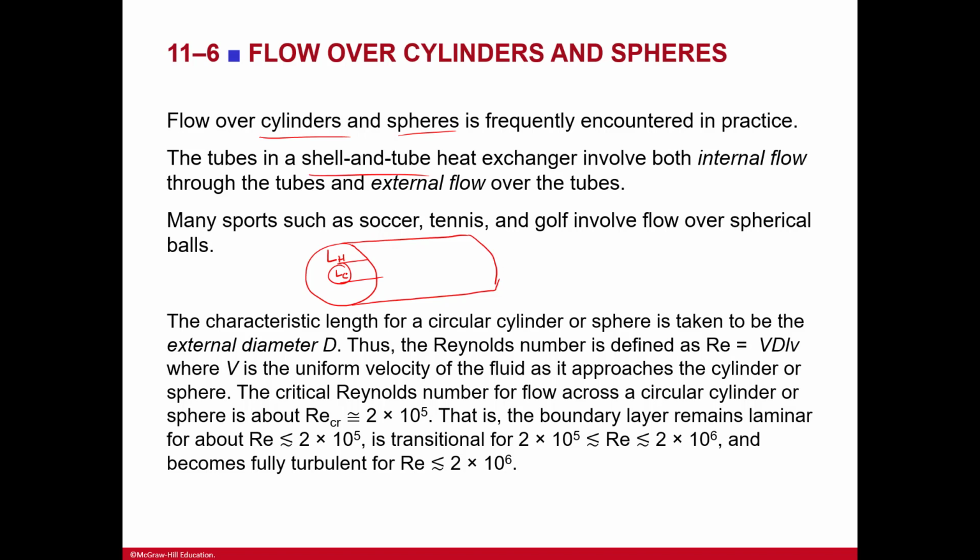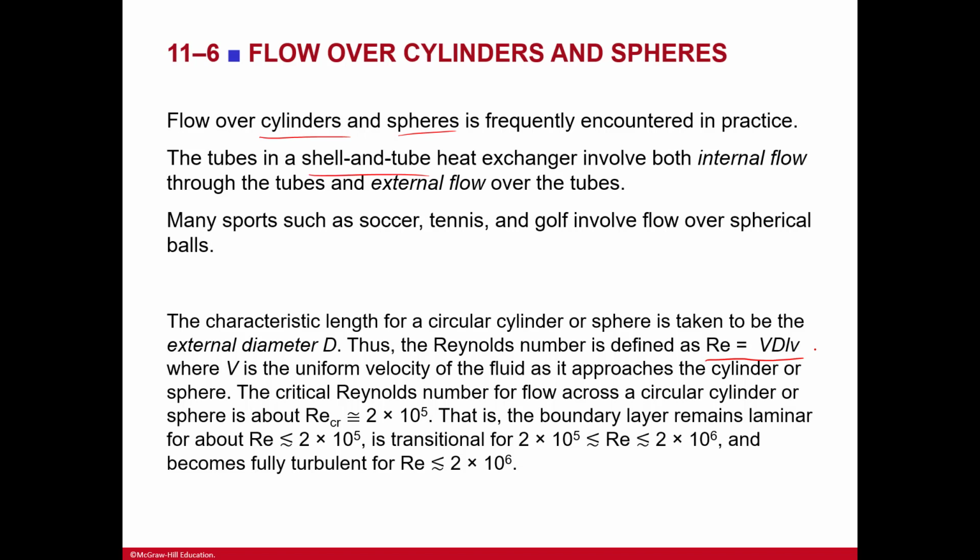Many sports, such as soccer, tennis, and golf, involve flow over spherical balls. The characteristic length of a circular cylinder or sphere is taken to be the external diameter. Thus, the Reynolds number is defined as Re equals VD over nu, where V is the uniform velocity of the fluid as it approaches the cylinder or sphere.